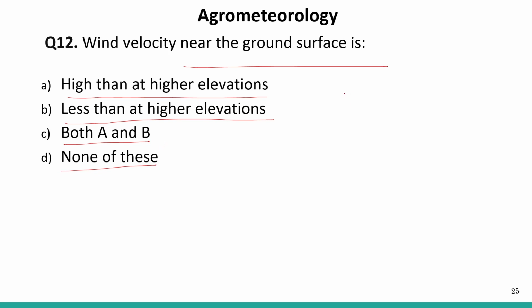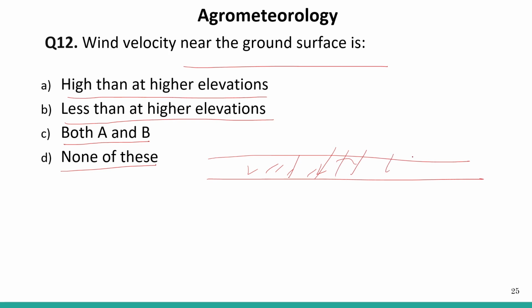So what we see at the ground surface, what happened? The ground gets heated and the air in contact with the ground surface also gets heated, right?